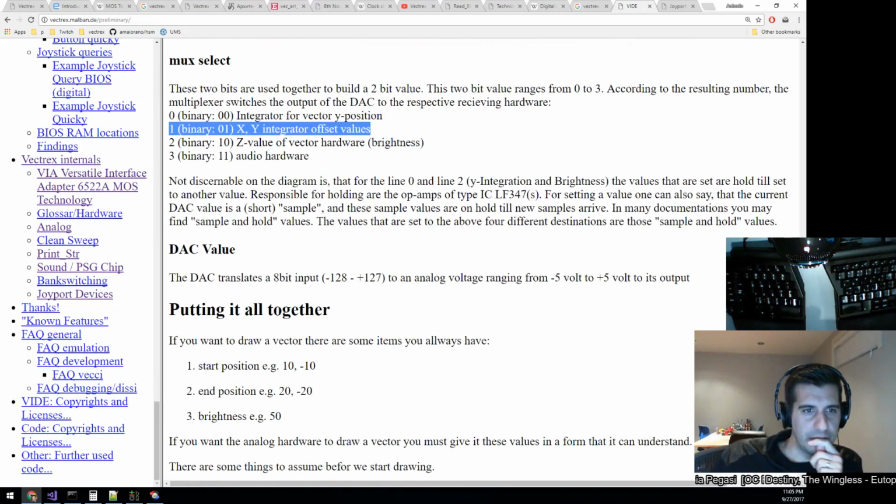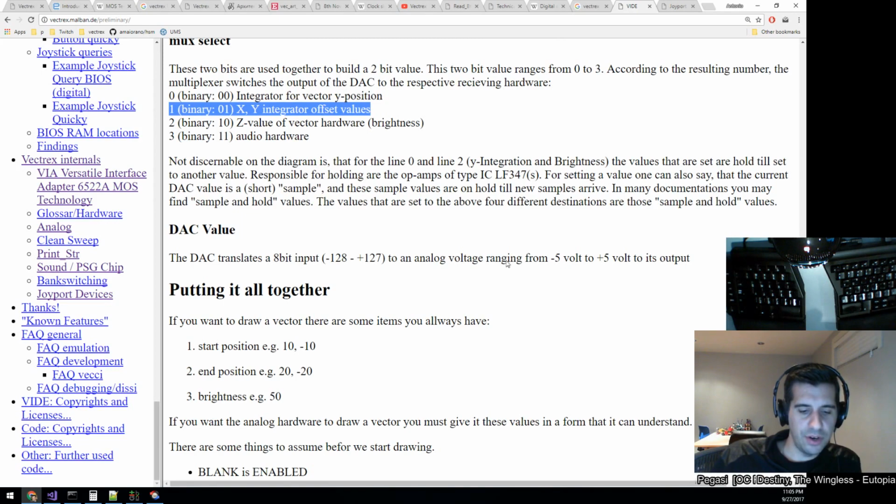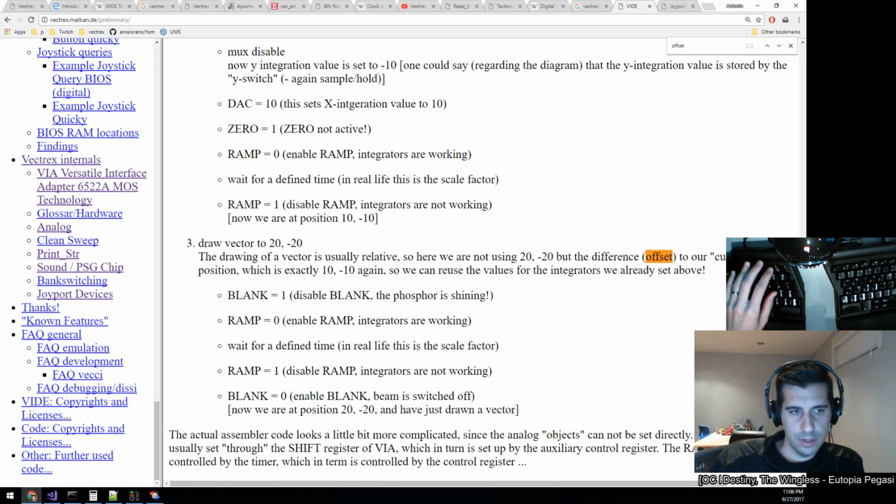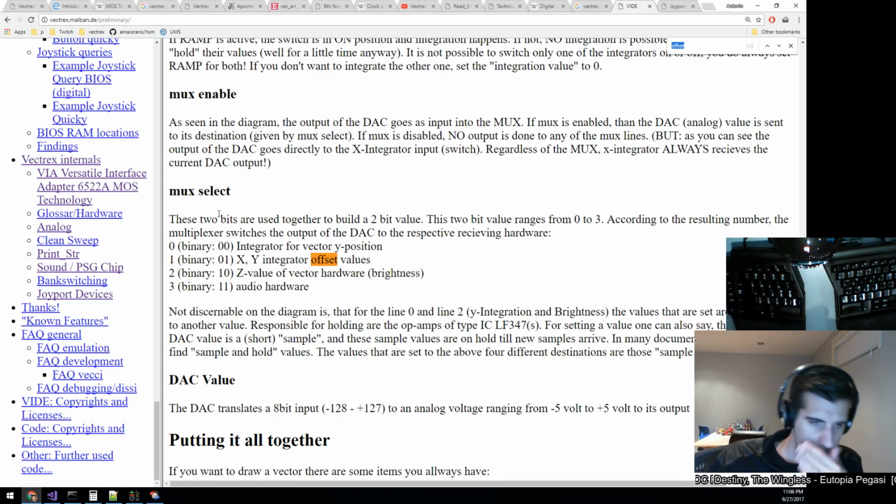He never talks about the XY integrator offset values. Nope. So we know it's not a CPU cycle thing because the Vectrex CPU implementation gives the same result. So it's got to be something to do with my VIDE implementation.